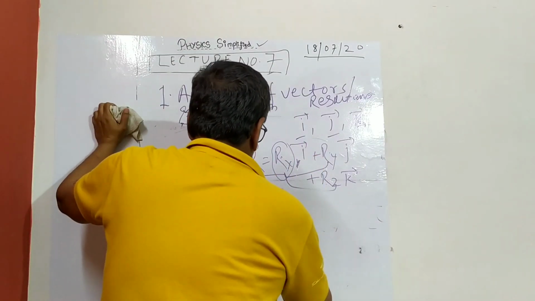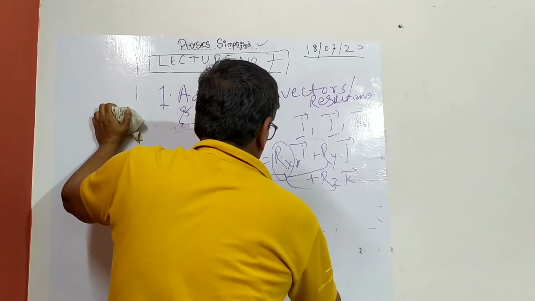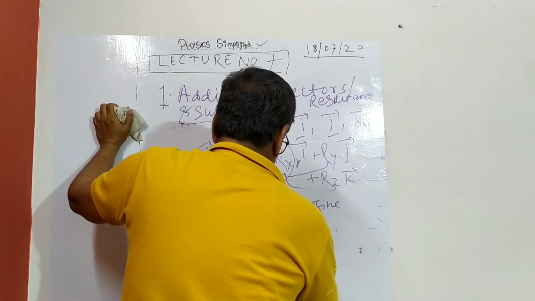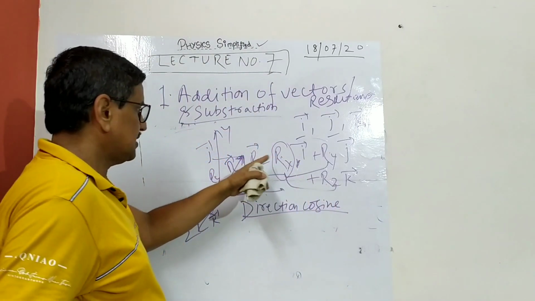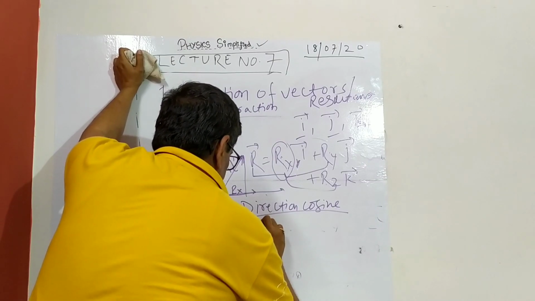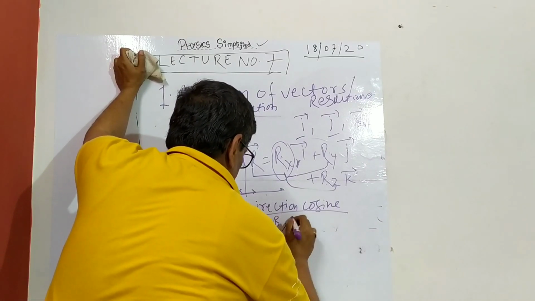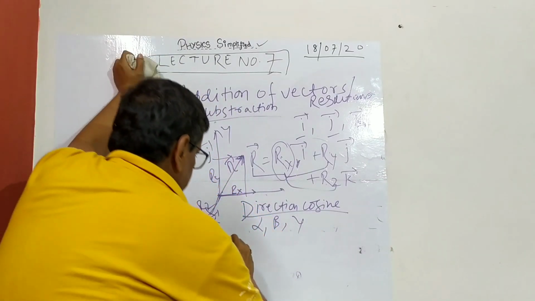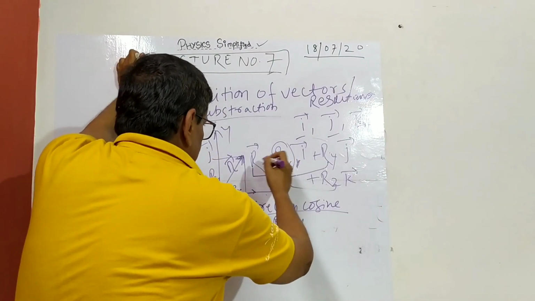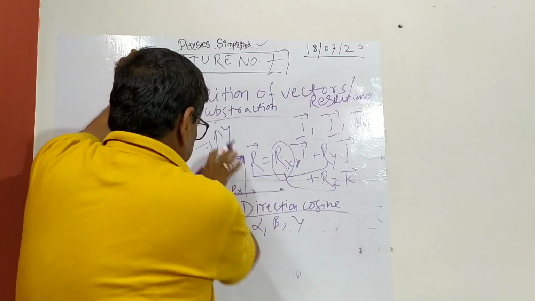Very important topic, direction cosine, because cosine is base by hypotenuse. So what will be the angle of R with Rx, or the x-axis? These are represented by alpha, beta and gamma. As we have already dealt with in resolution, the cosine component is the projection of R on Rx.